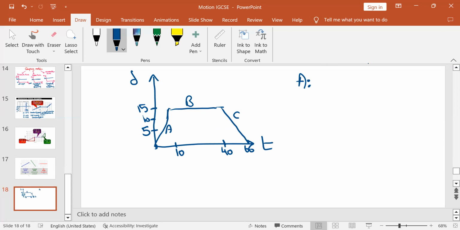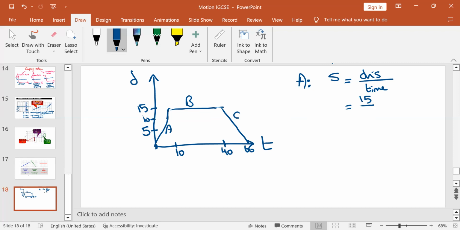In A, it moved 15 meters in 10 seconds. Okay, so now you're calculating the speed. Speed equals distance over time. The distance covered is 15.